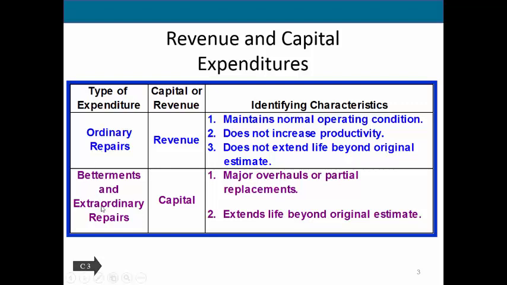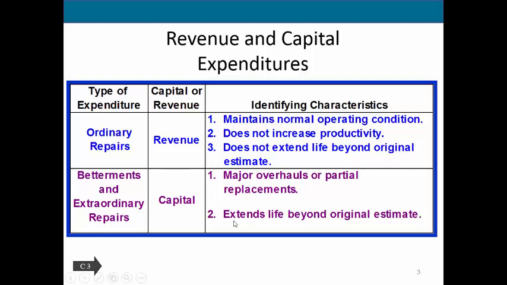On the other hand, if this is money that we pay to either make our building or our property or plant or equipment better in some way, that is going to be considered a capital expenditure, meaning we add that to the value of whatever asset we have bettered. So if we have really overhauled or replaced something, and if these are expenditures that are going to extend the life of our asset, we will consider these capital expenditures.